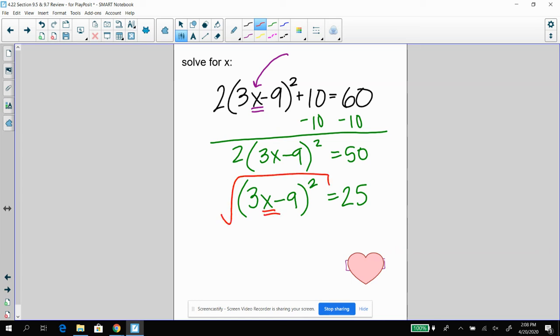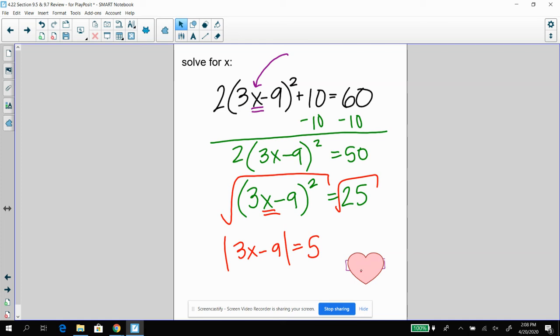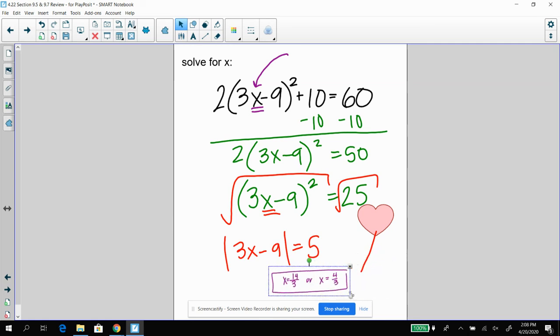So if I take the square root, remember you are left with the absolute value of 3x minus 9 equals 5. If you let your children go and solve those two equations, you should have gotten x equals 14 over 3 or x equals 4 over 3.